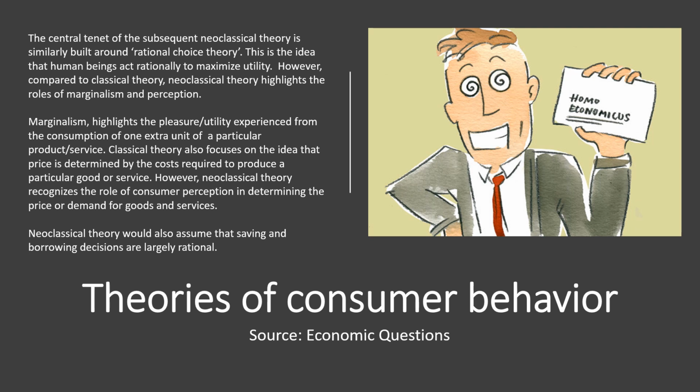And there's quite a common phrase used to describe the human being and the way that we make decisions and the way that we consume in neoclassical theory, and it's called homo economicus. This is the rational man, the man that assesses, uses evidence to decide exactly what he wants, and is not influenced by very much except rational thought.